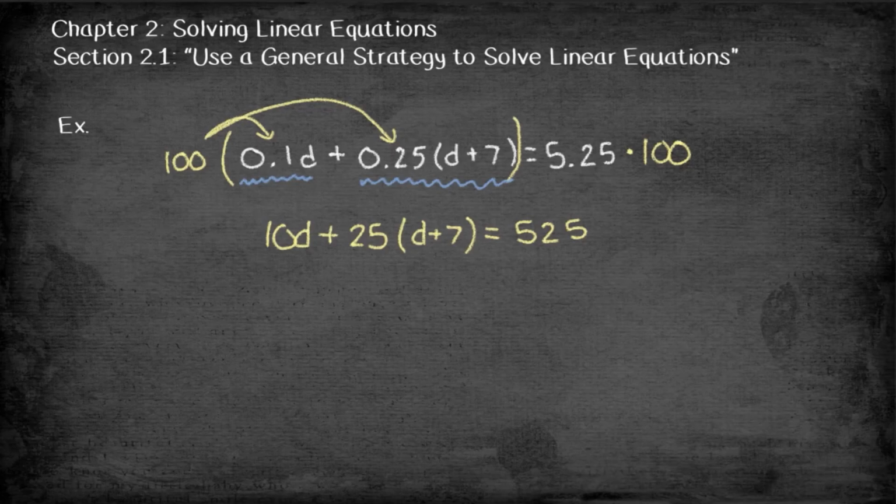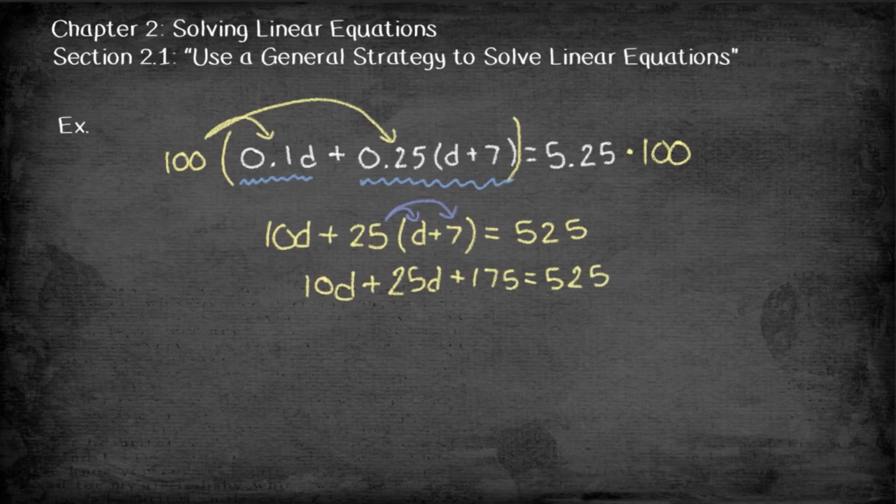All right, gotta distribute again, which we're getting pretty good at. So we have 10d plus 25d plus 175 equals 525.